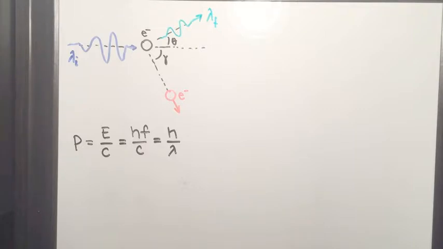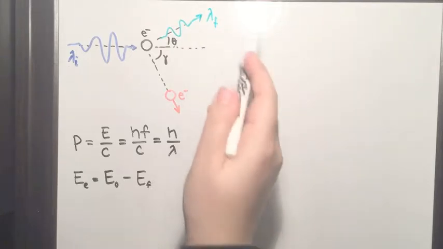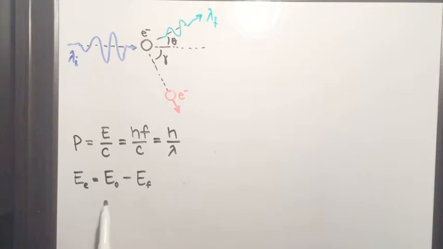We can find the energy of the electron using the equation E electron is equal to the initial energy of the incident X-ray photon minus the final energy of the X-ray photon that's deflected here. So the energy lost by the photon is equal to the energy gained by the electron.